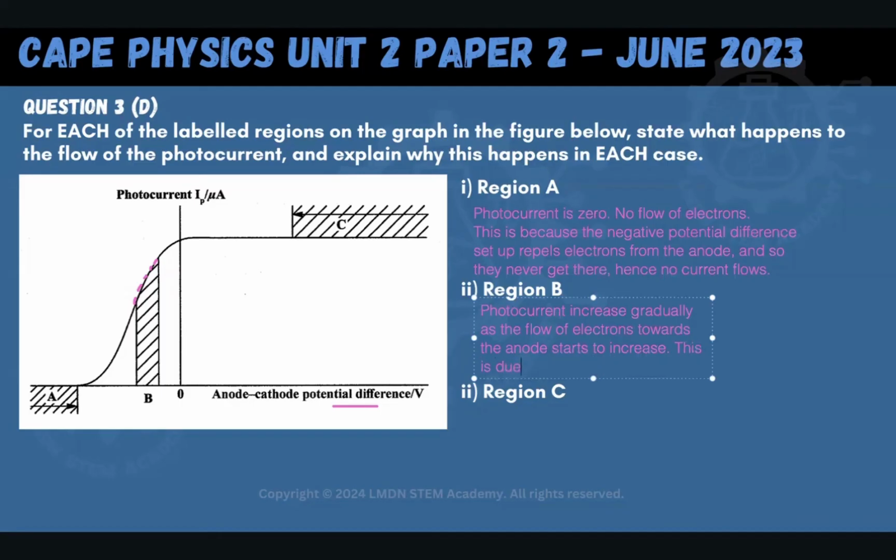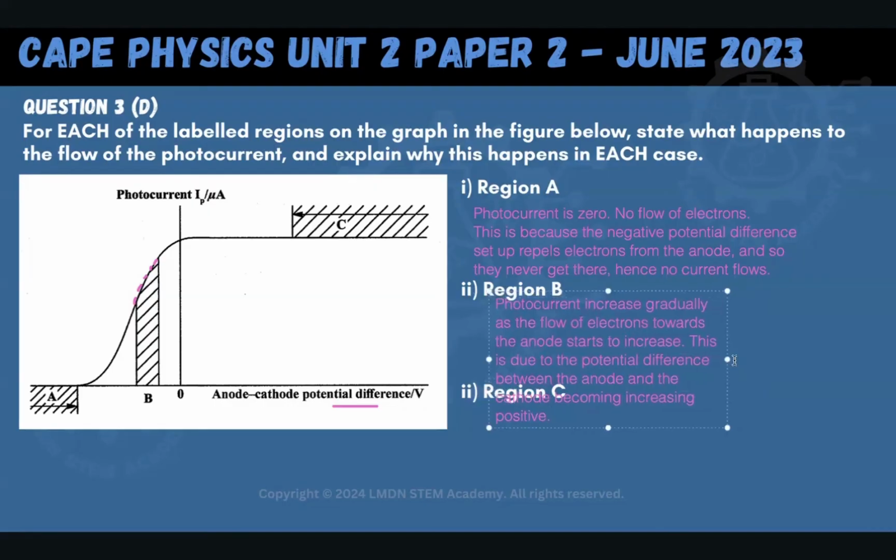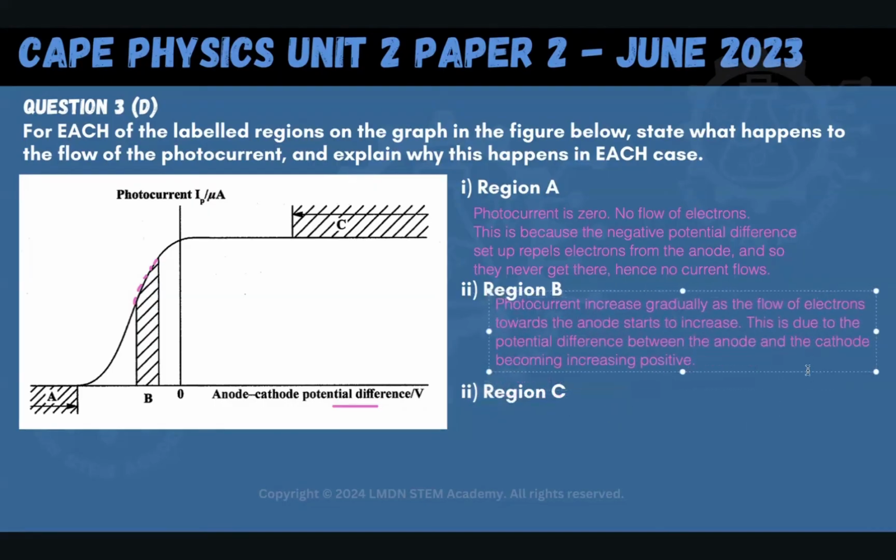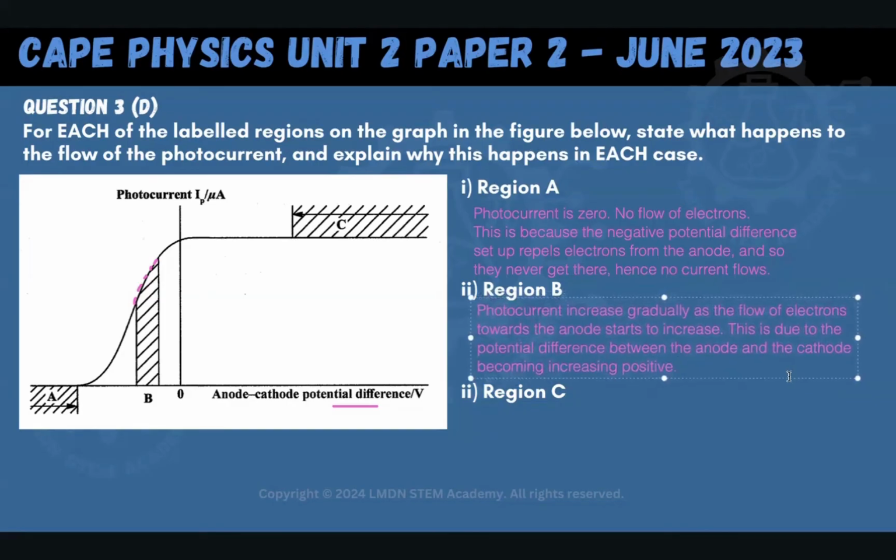And this is due to the potential difference between the anode and the cathode becoming increasingly positive. Whenever we have a positive potential difference, we will see flow of the electrons to the anode, and as a result, we're going to see a photocurrent associated with that. So that's what's happening in region B.